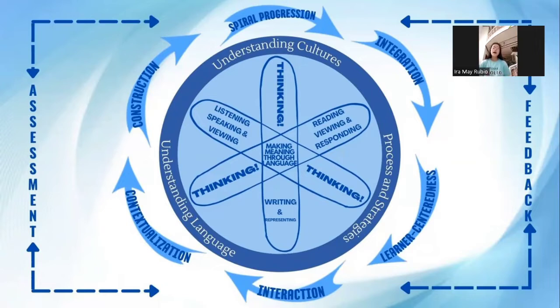For effective language acquisition and learning to take place, language teachers must be guided by the six language teaching principles. These principles explain the natural process of language development. The first one is spiral progression.